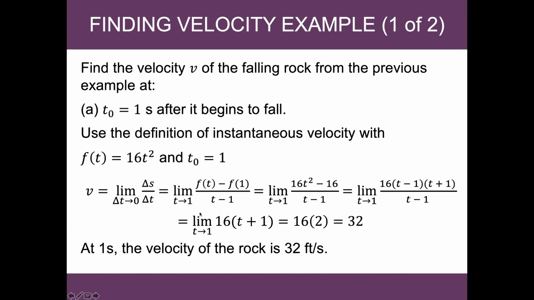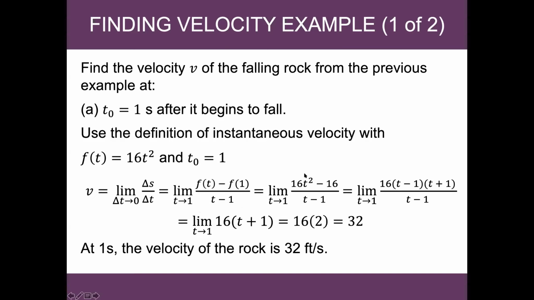So if we're talking about at 1 second, we're finding out what the velocity is at 1 second. Then you get f of t minus f of 1 second, over t minus 1. This is the regular function.